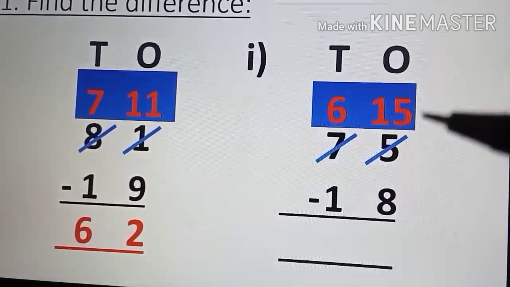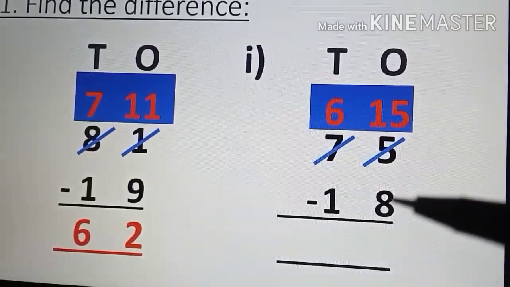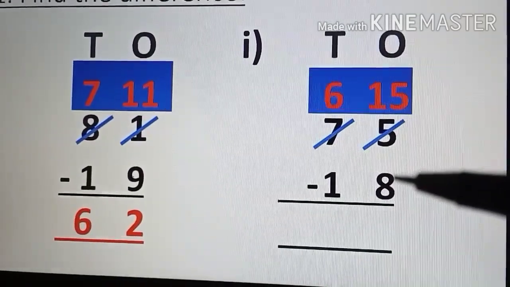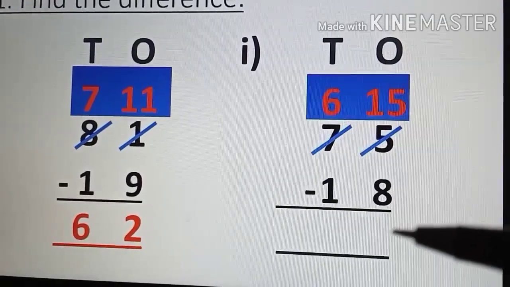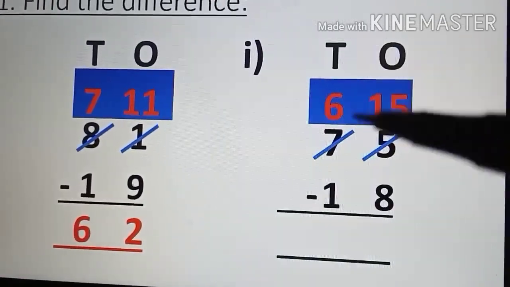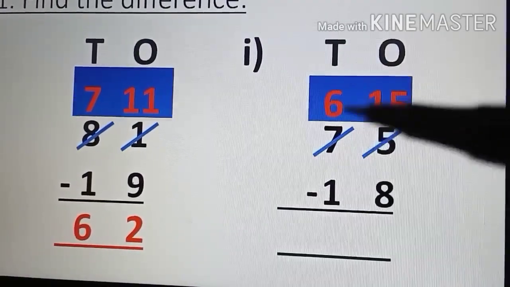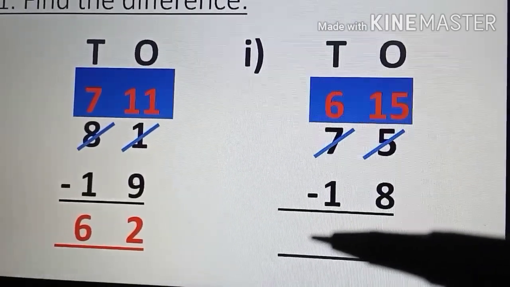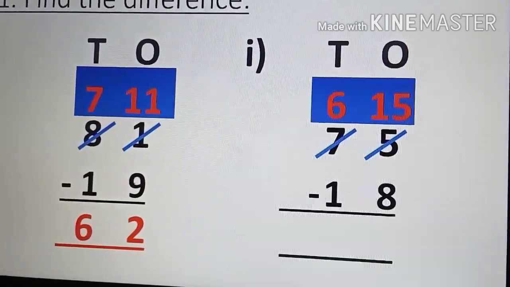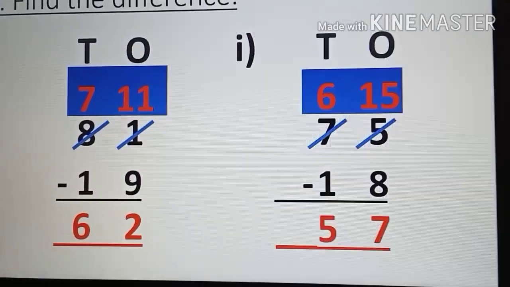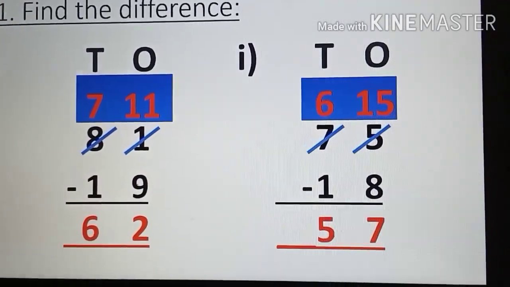Now children, we will subtract 15 ones and these 8 ones. So 15 minus 8 is, yes, 7. Write here 7. Under the tens column, we will subtract 6 and 1. So 6 minus 1 is 5. Clear? So our answer will be 57. So the difference is 57.